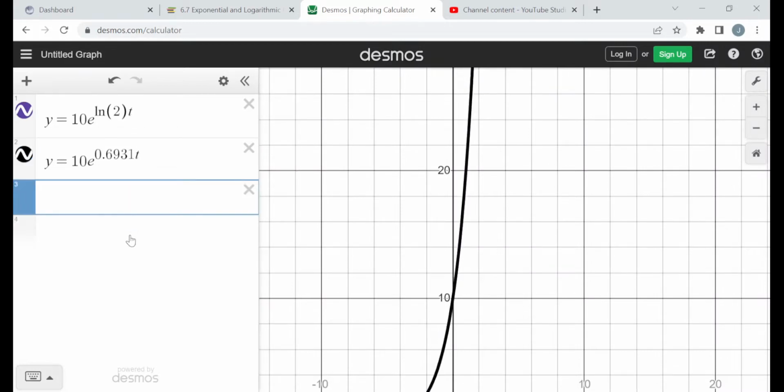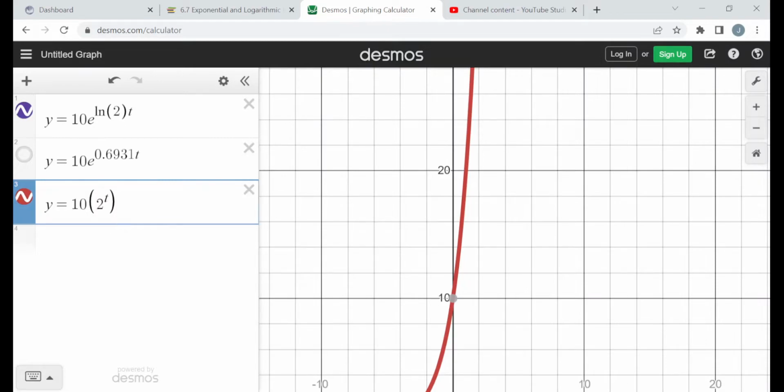Or, as I mentioned, we can get rid of the e in natural log and write this as 10 times 2 to the t. And you see that's definitely exactly the same graph as the first one I drew. It's right on top of it. If I get rid of this one, see, it's exactly the same as that first graph. But either one's fine. Really, either one is fine.